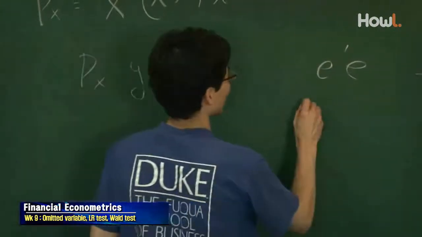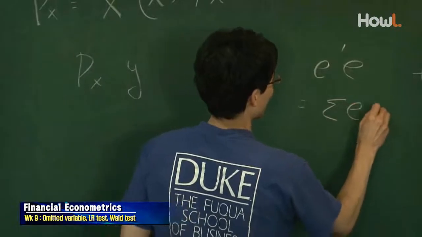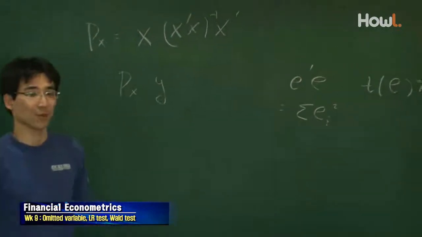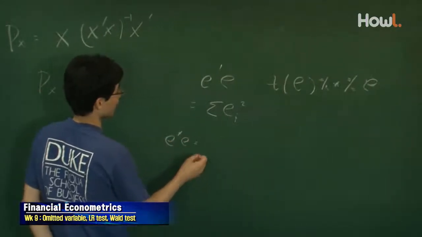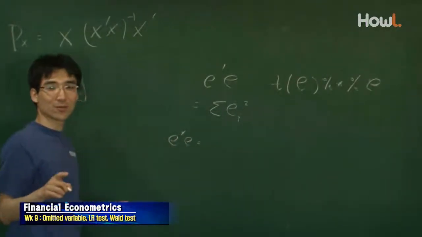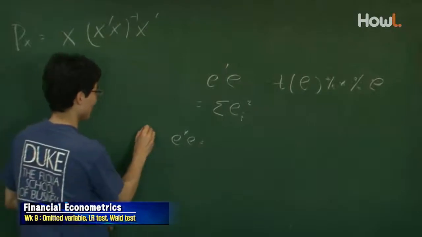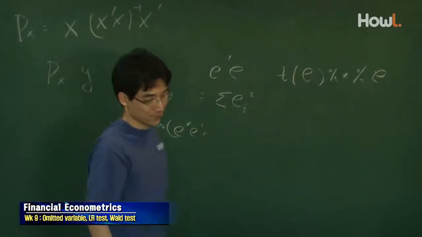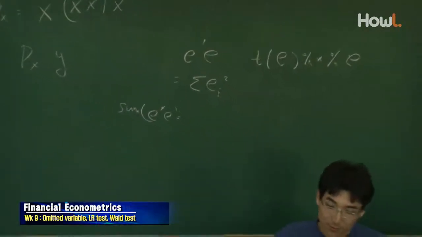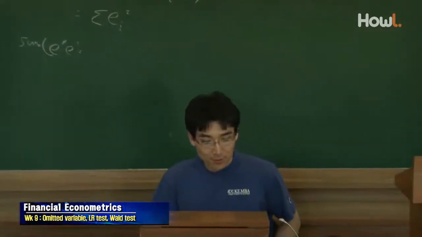So E is basically the square of each individual element, and then by getting the sum of it, we get this one.